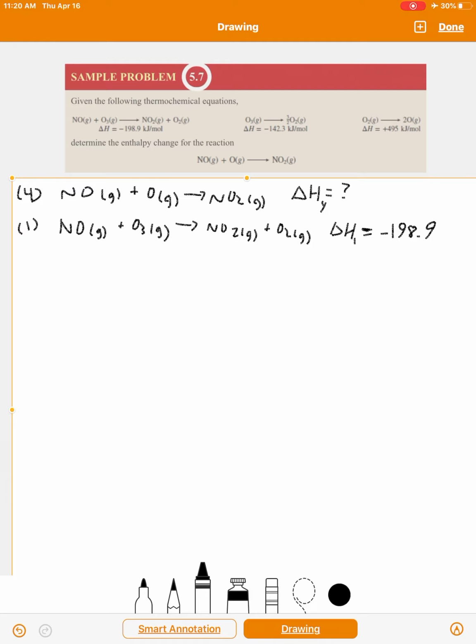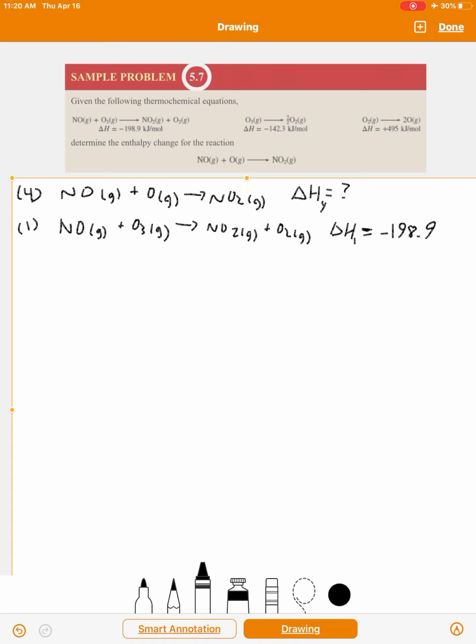The next thing I do is look at the second reactant in equation 4. O as a gas. Not O2, not O3, but O. That's called atomic oxygen. And I look for all the equations, 1, 2, 3, that have O gas. It turns out there's only one of them.